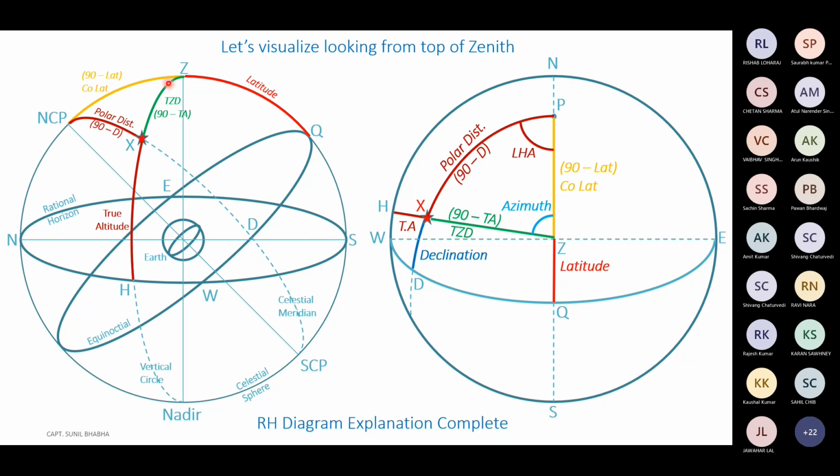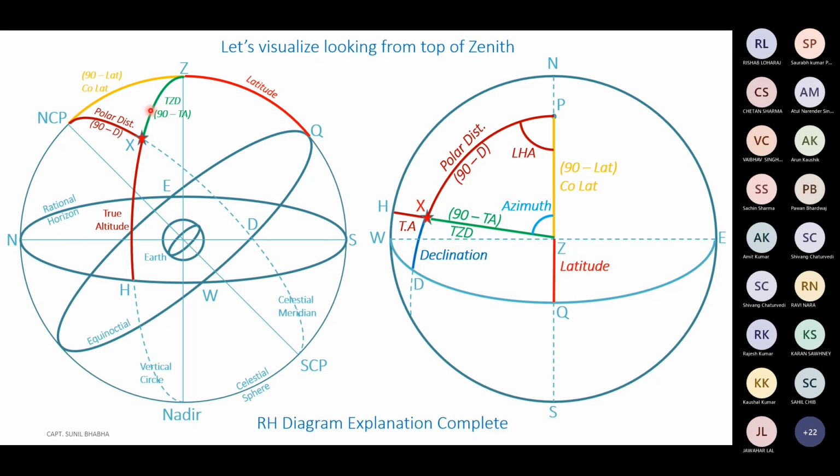You see, the PZ side is part of the celestial meridian of the observer. The PX side is part of the celestial meridian passing through the body. All the celestial meridians are parts of great circles. All celestial meridians are semi-great circles.